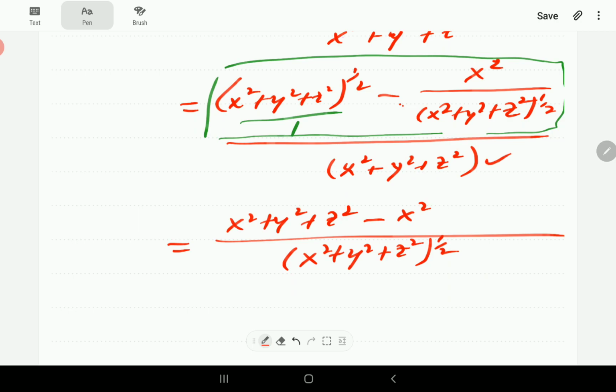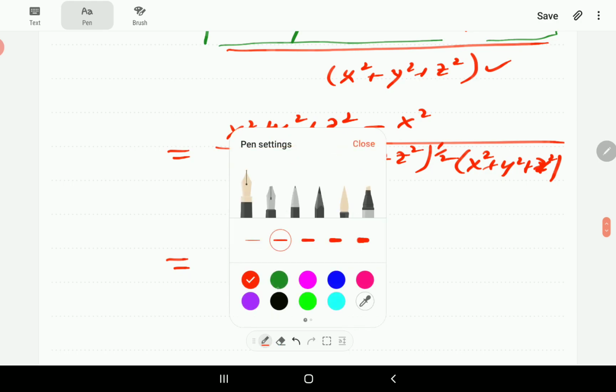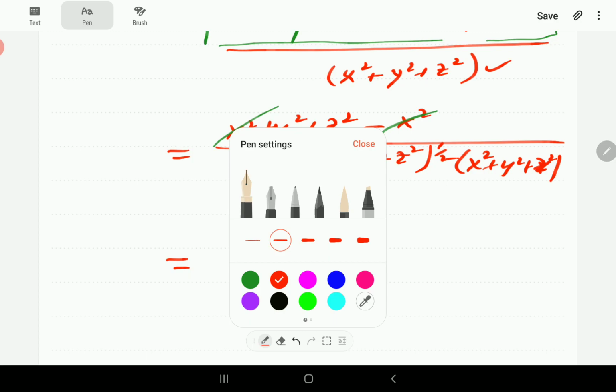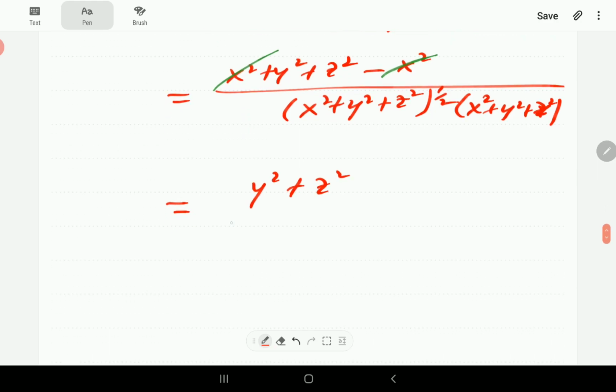And then remember this term is still here, so I'm going to write that one there. So if we simplify here, notice that this is going to cancel out, so we're going to end up with y squared plus z squared, all divided by x squared plus y squared plus z squared to the power 3/2.